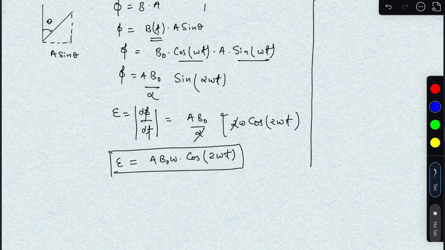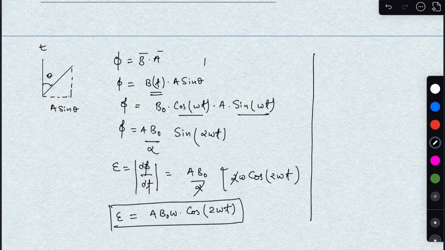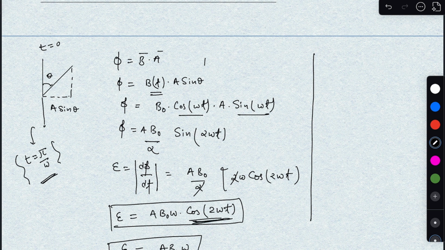All right, we are rotating and starting at t equals 0, and this loop will be here at t equals pi by omega. Let us find the EMF value at t equals 0. At t equals 0, we have the maximum value of EMF, with magnitude A B naught omega, because cos 0 is 1.